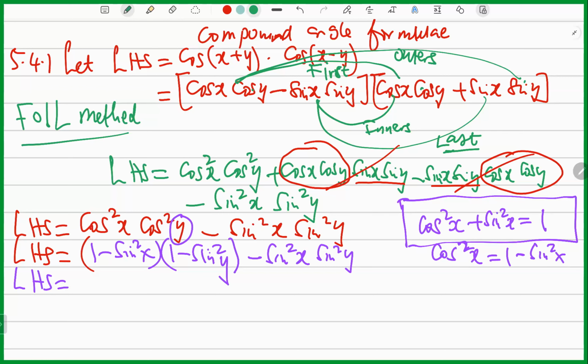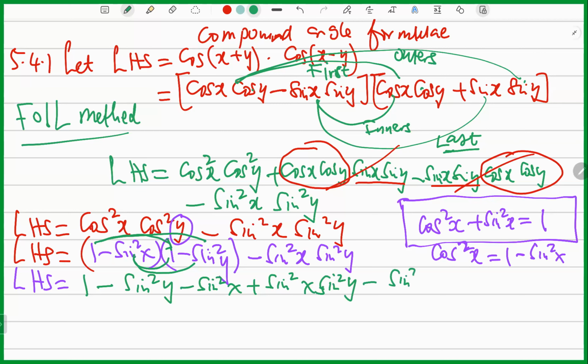So you proceed. The next thing is we multiply out using the FOIL method again. We multiply 1 with 1, which is exactly 1. Then this by that, which is minus sine squared y. Then this by that, which is minus sine squared x. And this by that, which is plus sine squared x sine squared y.